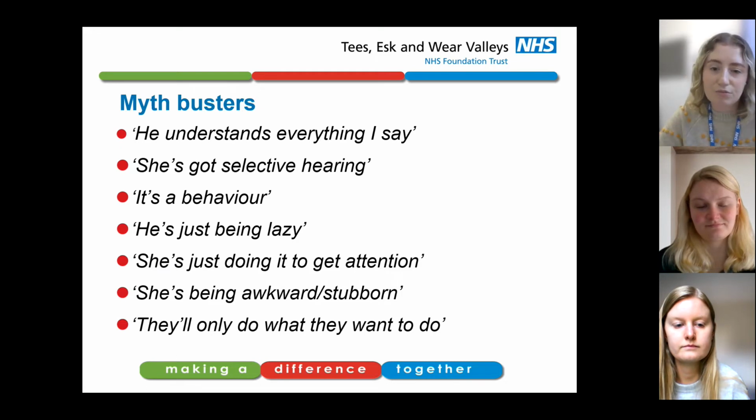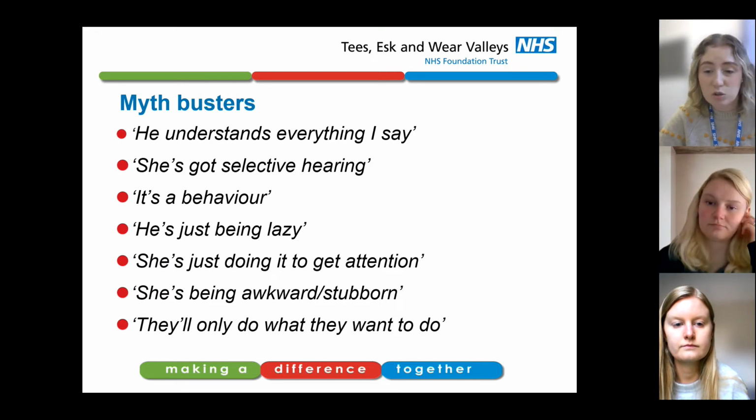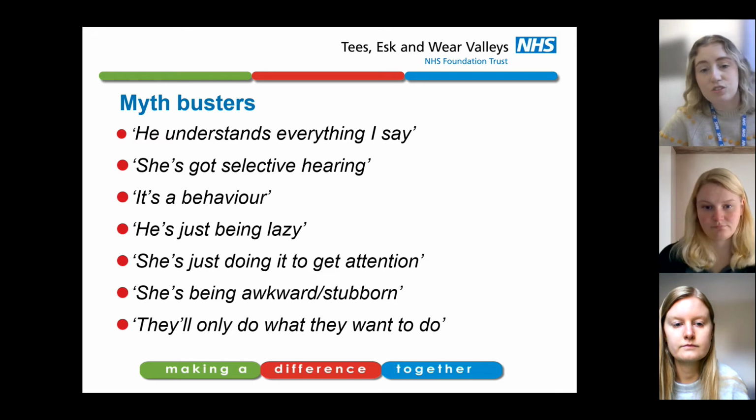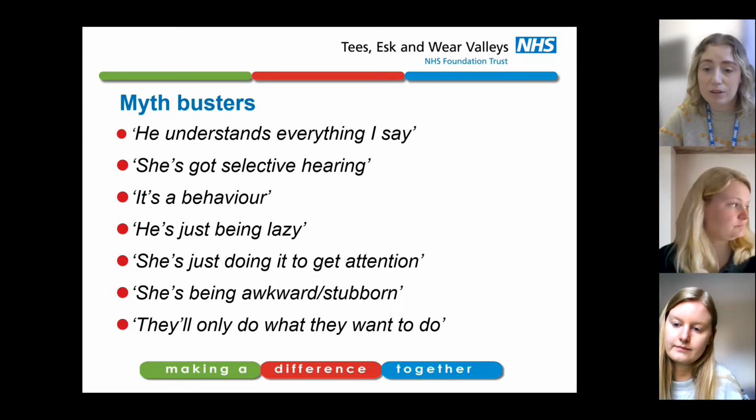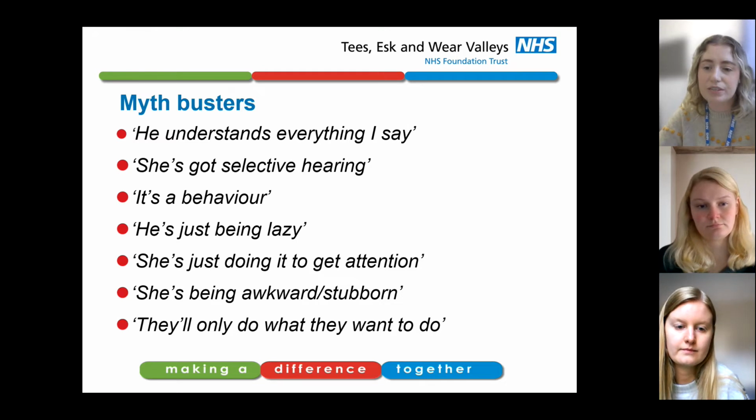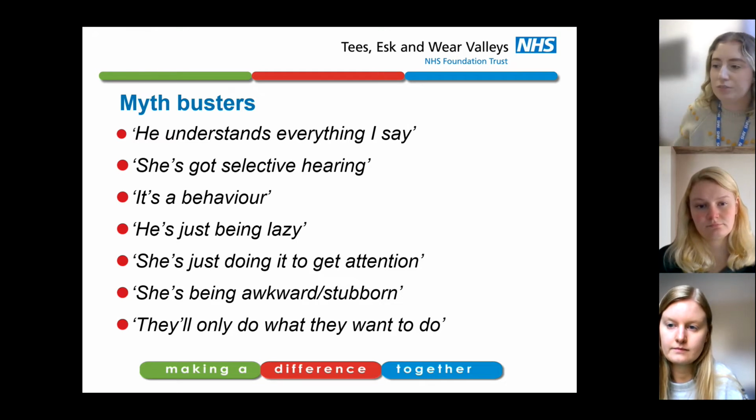Again, we'll go through this later on throughout the session. She's got selective hearing, it's a behaviour, he's being lazy, and they're doing it just to get some attention, she's awkward or stubborn or difficult, or they'll just do what they want to do. So yeah, again, they're not coming from a bad place. It's more about the level of understanding about someone's communication, and that, as I say, is different from person to person. So we'll think about some of these ideas throughout the session.